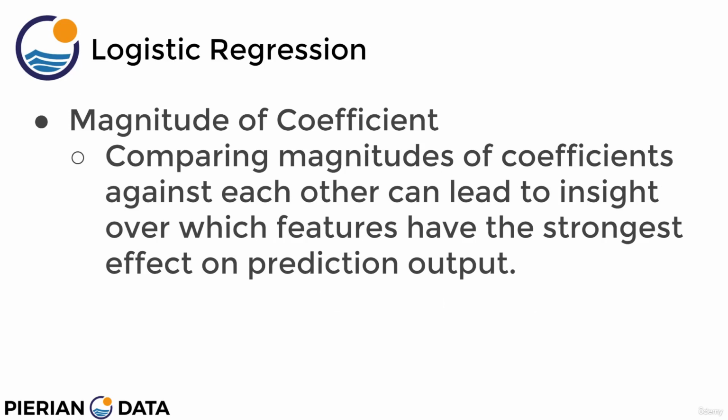So if you compare the magnitudes of the coefficients against each other, it can lead to insight over which features have the strongest effect on prediction output, especially if you've already scaled your data so that you have a standardized or normalized set of x features.